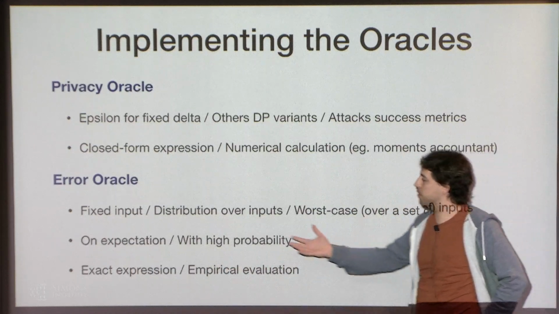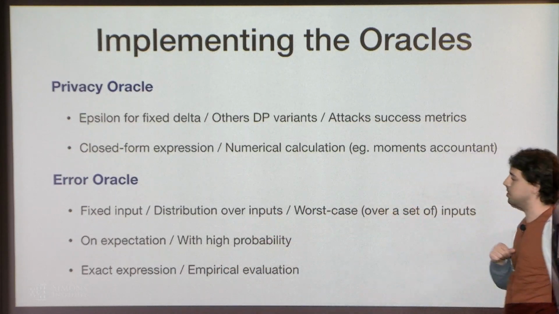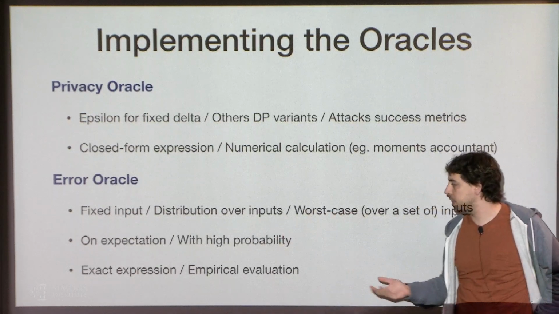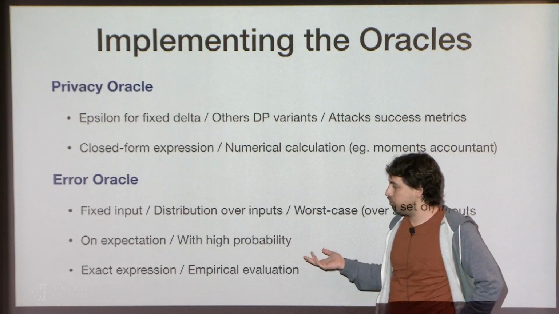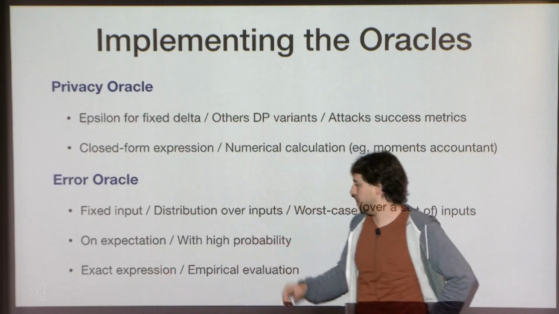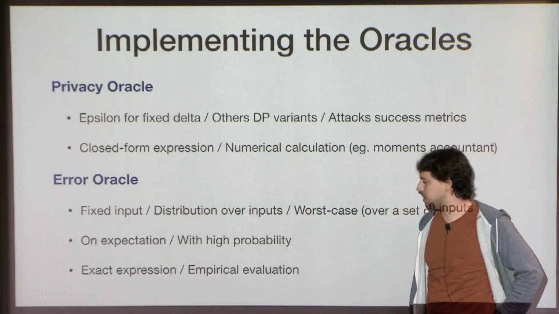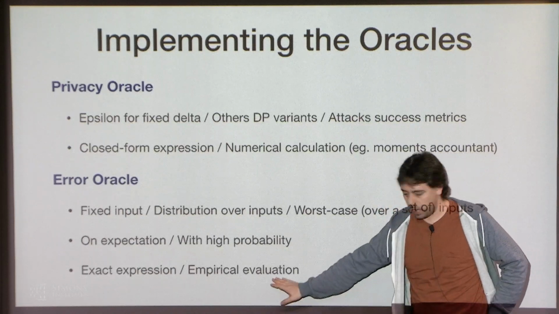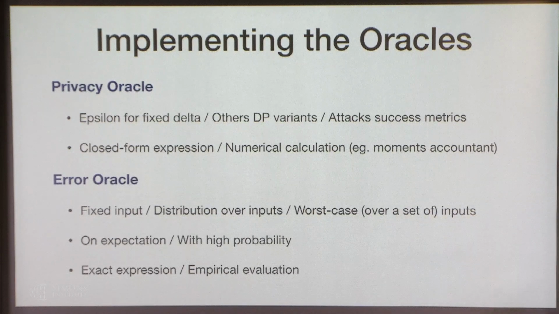You could think what is the error for a distribution over inputs, or worst case over a set of inputs. You can also try to have error in expectation or with high probability. And it would be really nice if you had the exact expressions for the error oracle, but that's very unlikely in most cases. So you can rely on empirical evaluations.